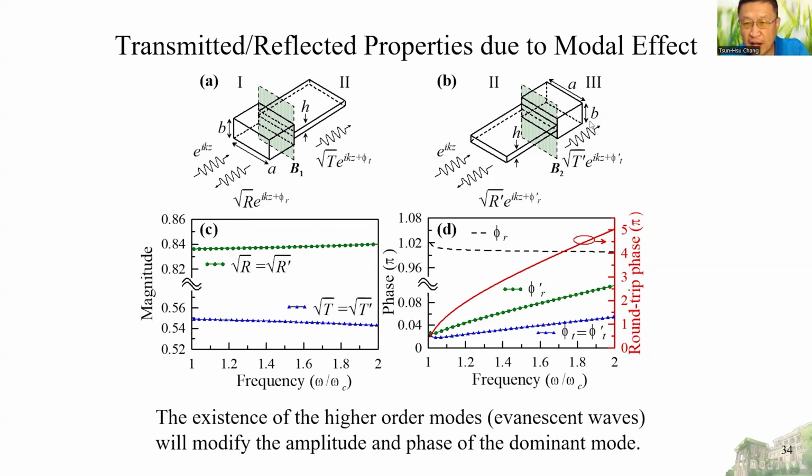There is a discontinuity here as well as a discontinuity here, and this discontinuity will result in a phase difference, a time difference. This discontinuity is caused by higher order modes. They cannot propagate, they are just evanescent waves, but they will modify the amplitude and the phase of the dominant mode.